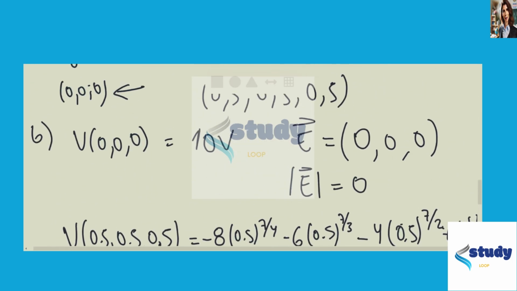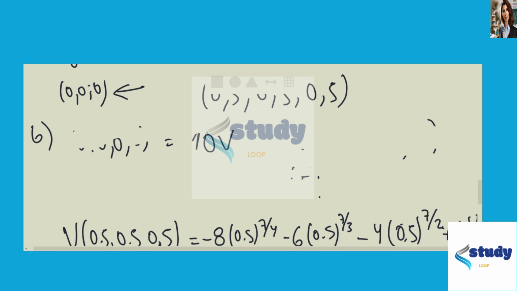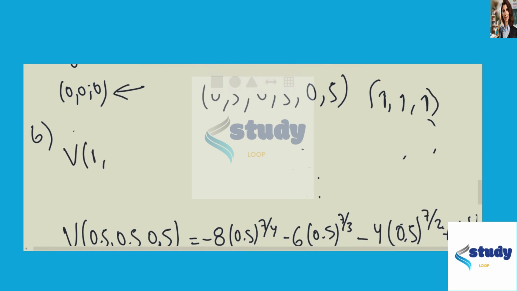So for that point 1, 1, 1, it will be minus 8, minus 6, minus 4, plus 10.